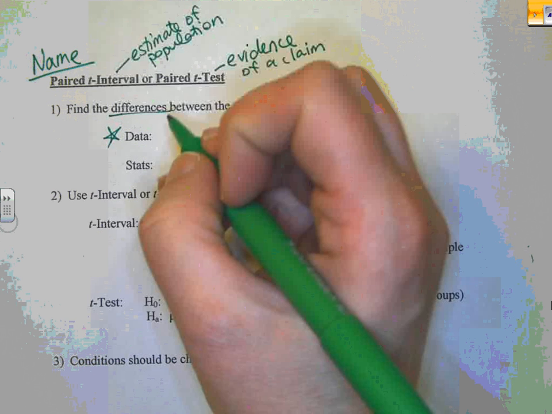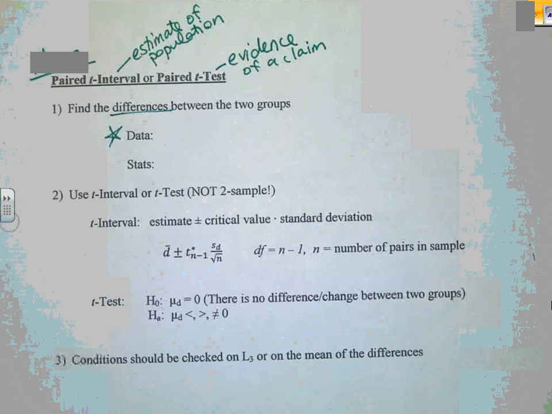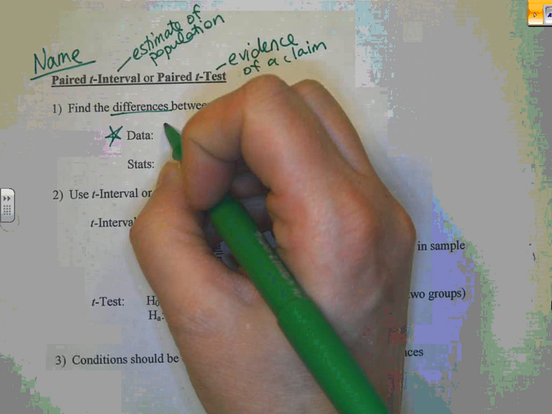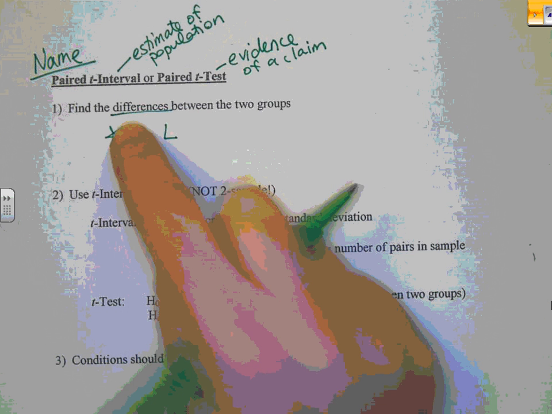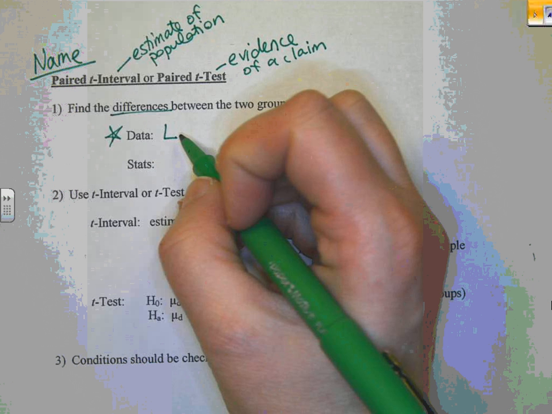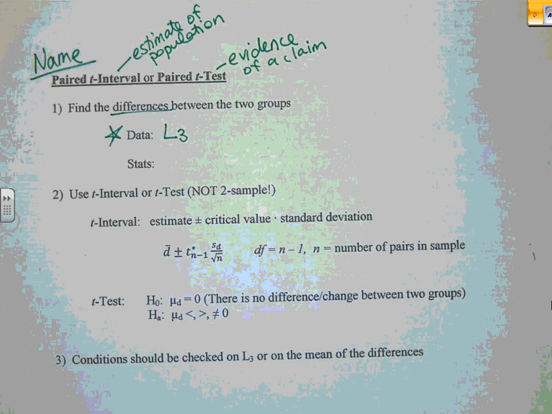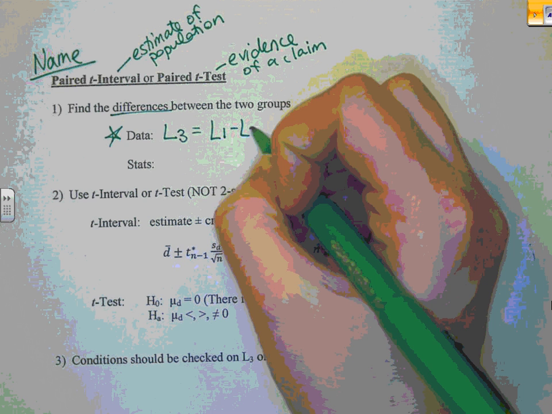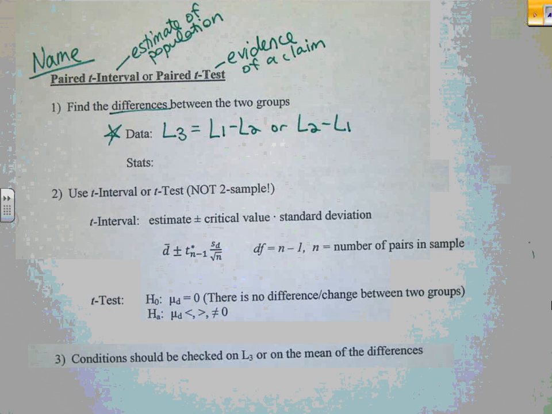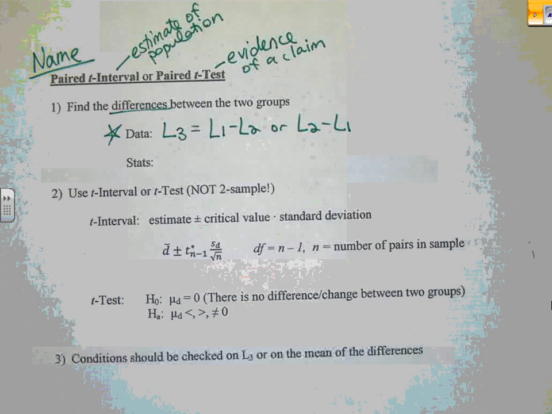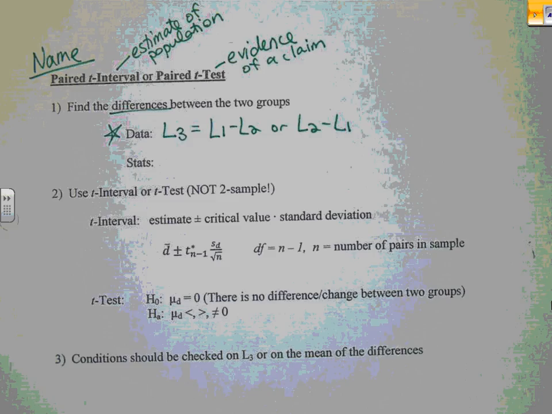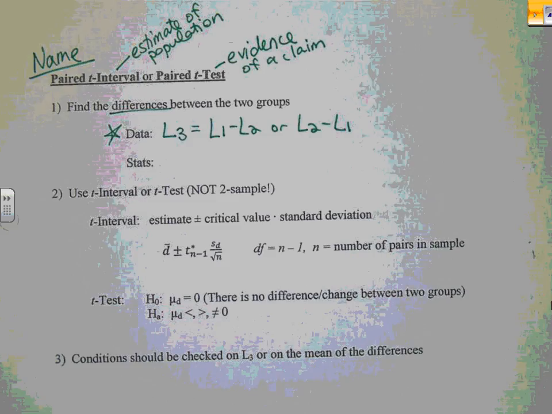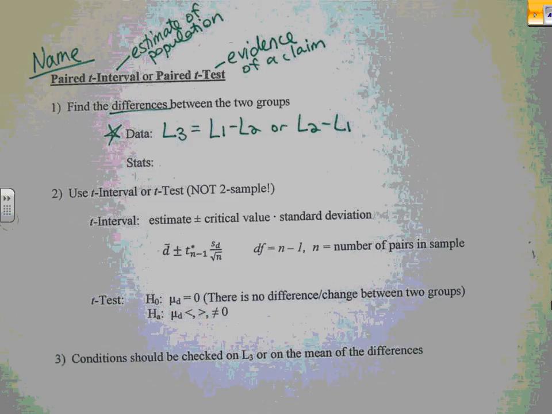So you'll have 2 lists, 1 for each sample. And since we're comparing the difference between the 2, we're going to make a 3rd list called L3, and you just subtract the 2. Because difference means subtract. And then after that, everything you do will be on L3.